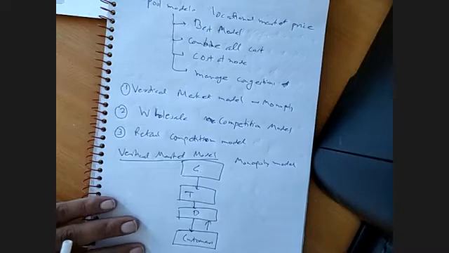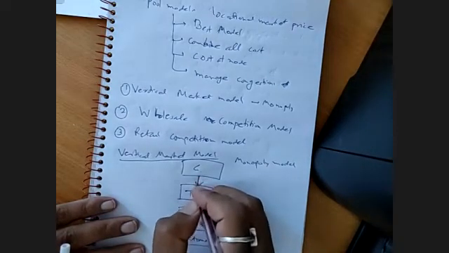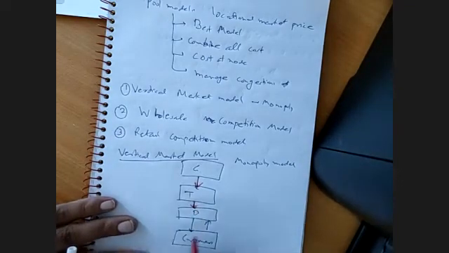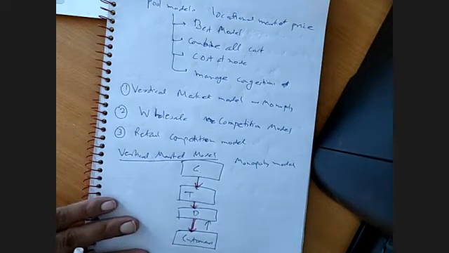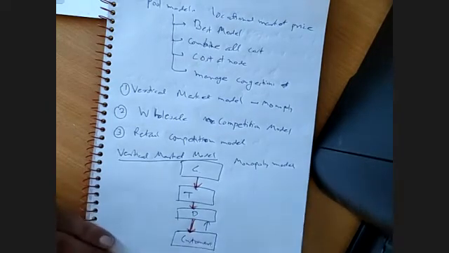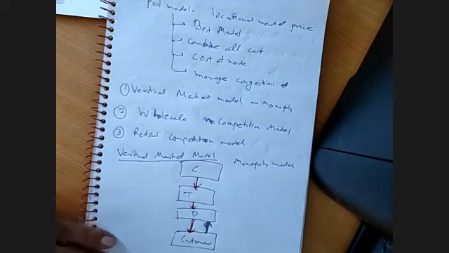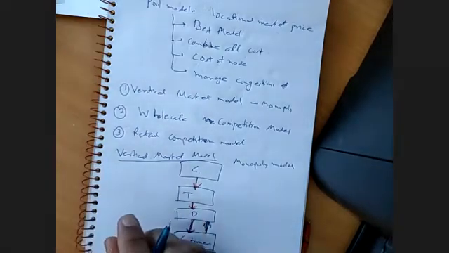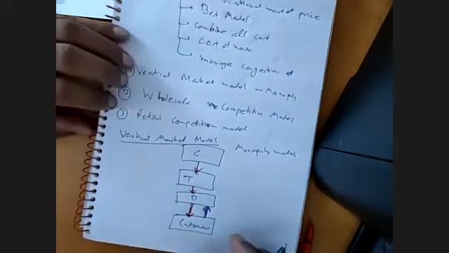In this, power is flowing from generation to transmission network, then transmission network to distribution network, and from distribution network to customers. But the money will flow only from customer to the distribution network. So this is the simple vertical market model.